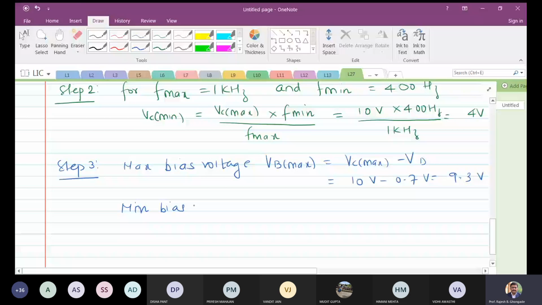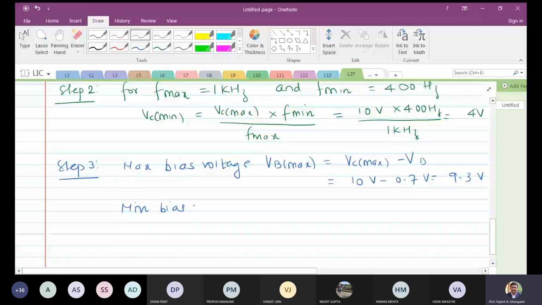This is actually step 4. Step 5, at a frequency of 1 kilohertz, we already calculated in the previous session. What is the current?